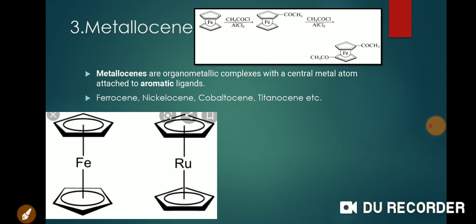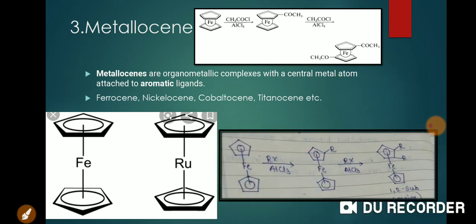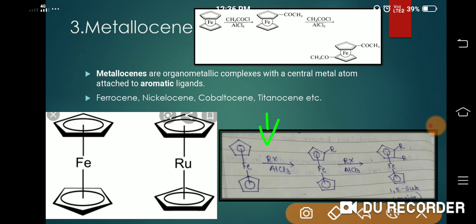Also, if we carry out Friedel-Crafts alkylation of ferrocene, then in the first step alkylation of the first cyclopentadienyl ring occurs, and in excess the major product is the one in which another alkyl group is connected to the same cyclopentadienyl ring.